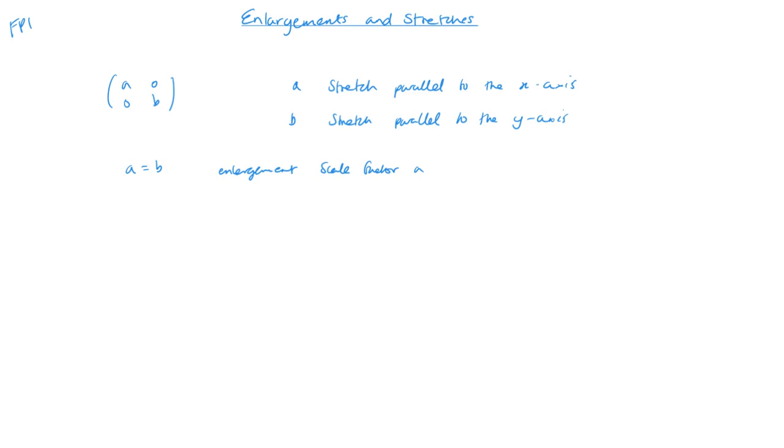For a linear transformation, which is what we're dealing with, the determinant of that matrix represents the scale factor for the change in the area. So not the change in the length or the width, but the change in the area. It's sometimes called the area scale factor.